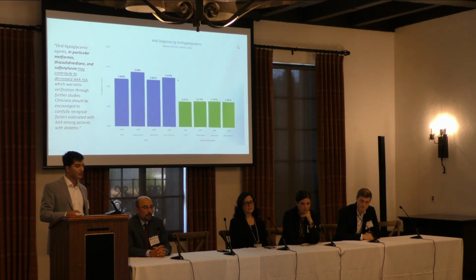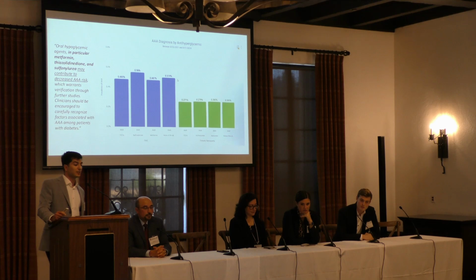Another one of their main headlines was that oral hypoglycemic agents, in particular metformin, TZDs, and sulfonylureas, may contribute to decreased risk. But they said may, and if you look at the confidence intervals in their study, it was really questionable whether or not this contributed. On the left, the blue bars show the medication classes of TZDs, sulfonylureas, and metformin, and the y-axis is the prevalence of AAA among those groups.